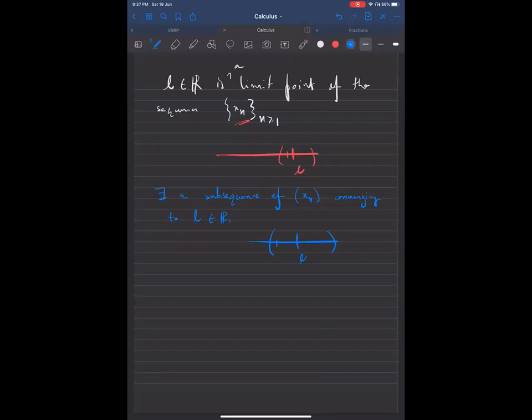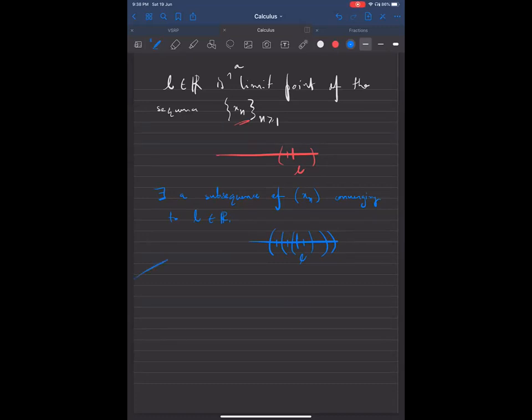Then we take an even smaller neighborhood, and we get again a point of xn here, then an even smaller neighborhood, and we get a point of xn here, and so on. We can proceed. So we make these points form a subsequence of xn, right? And that subsequence will converge to L, basically. So that's the intuitive way to look at it.